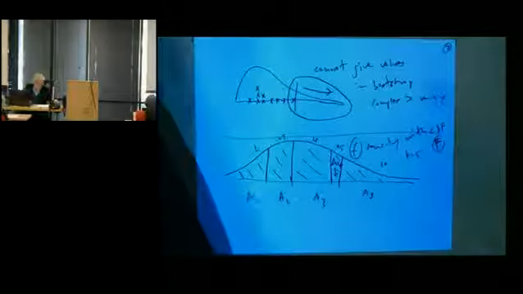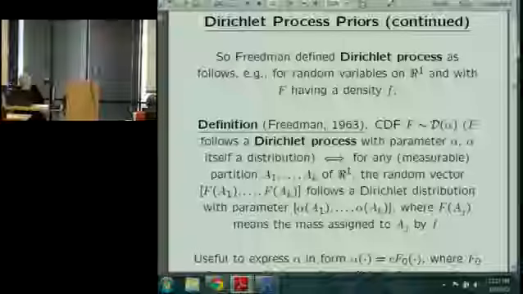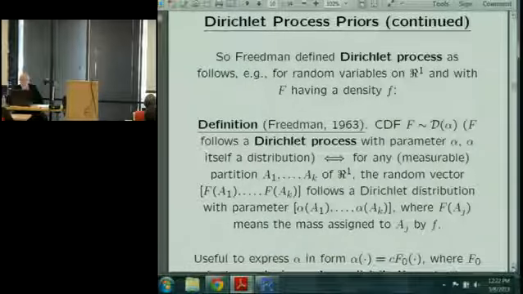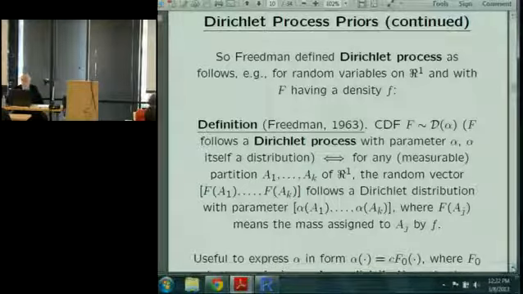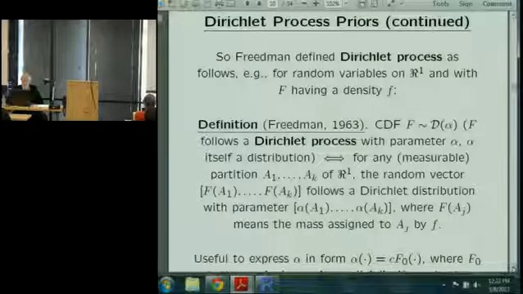So here was Ferguson's definition. We're going to define a thing called a Dirichlet process, which is a generalization of the Dirichlet distribution. And I'm going to pick something called alpha, where alpha is itself a distribution.